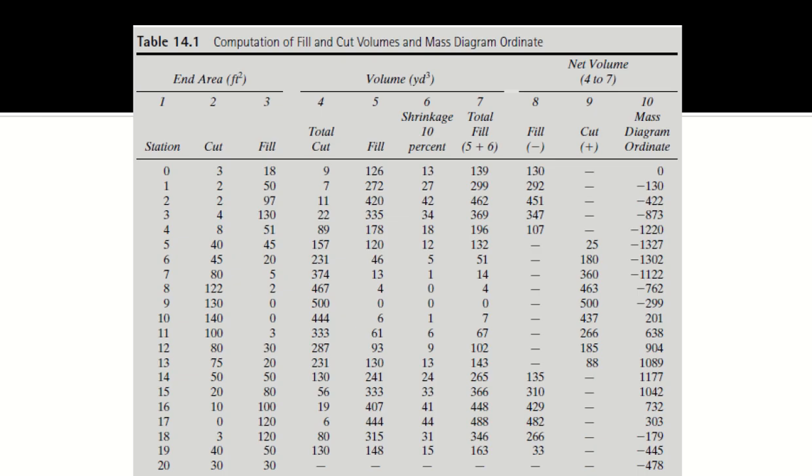So 11, 201, 12, 638. Give me the value for 1120. Actually, 11 is 600. Sorry? 11 is 638. For 11, it's 600.